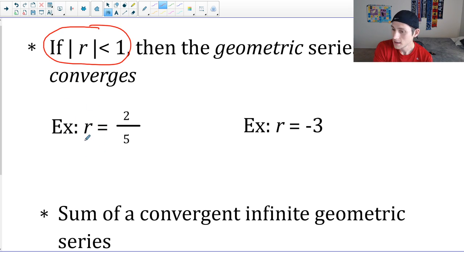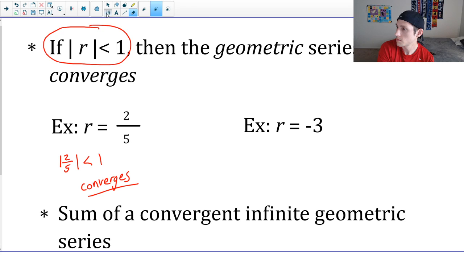Probably on break. So our first example, the ratio. So just for, this is very simple. Just if the ratio is 2/5, well, guess what? The absolute value of 2/5 is less than 1. So that geometric series converges. If the ratio is -3, absolute value of -3 is 3, right, which is greater than 1, but it only converges if it's less than 1.